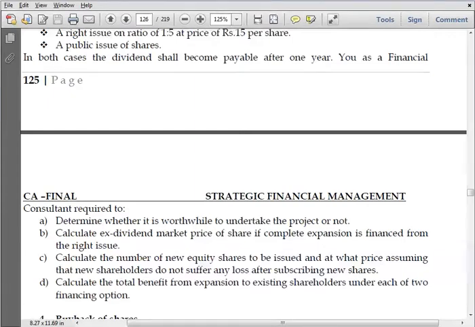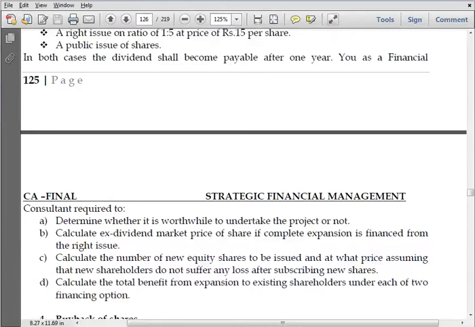Next point, the value of the firm does not change with rights issue or public issue.